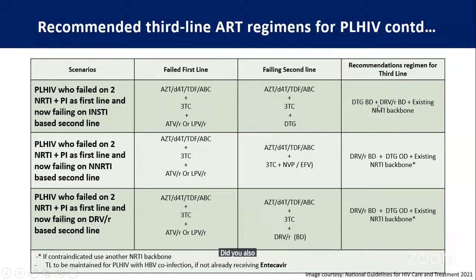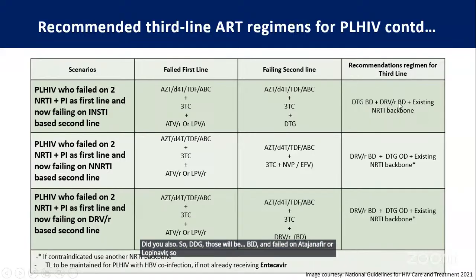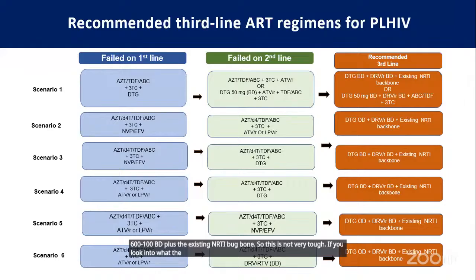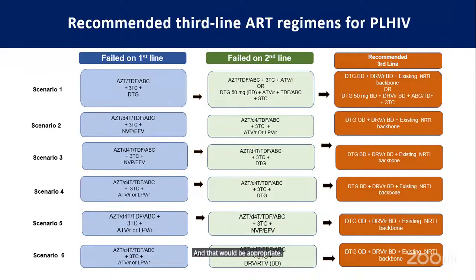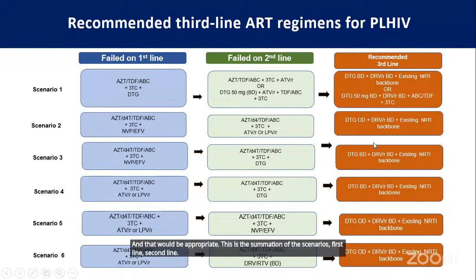So the DTG dose will be BID, and since failed on atazanavir or lopinavir, we'll bring in high-dose darunavir, 600/100 BD, plus the existing NRTI backbone. So this is not very tough. If you look into what the patient has failed, that would be appropriate. This is the summation of the scenarios, first line, second line, and third line.